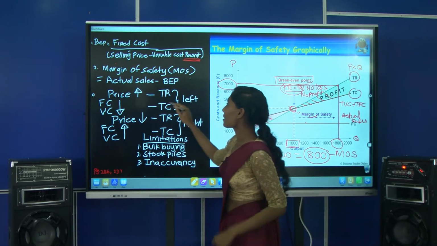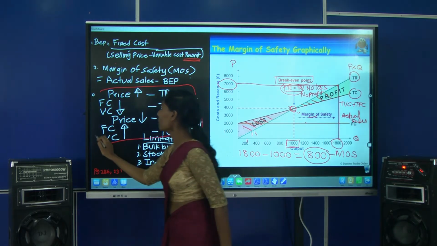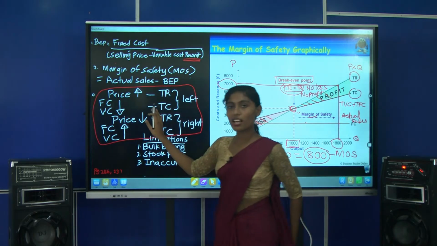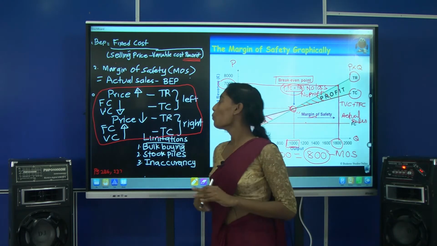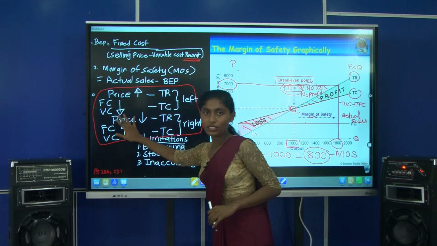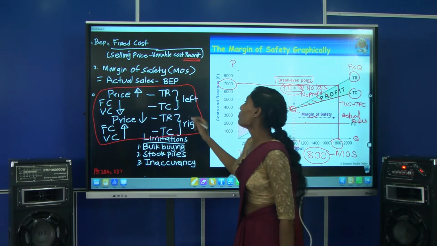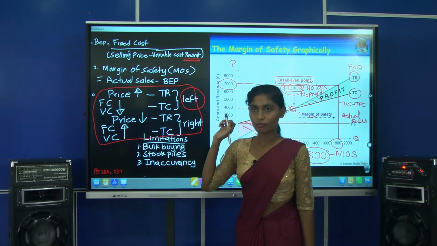And next one is the changes in the break-even point. If you see this side, there is something decreasing and something increasing. When the price is increasing and the variable and fixed costs are decreasing, the break-even point will shift to the left side.